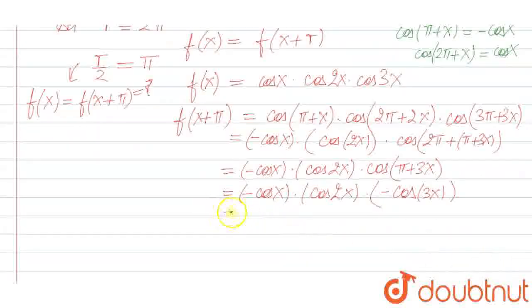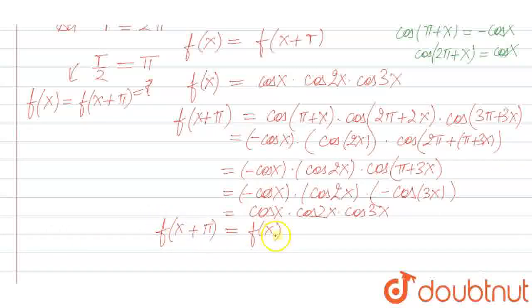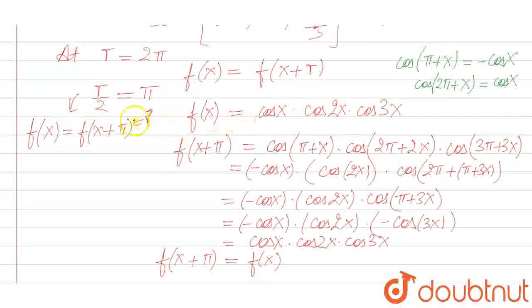So minus minus becomes plus, giving cos x into cos 2x into cos 3x, which is the same function. So f of x plus pi is equal to f of x. So the minimum period we have so far is pi.